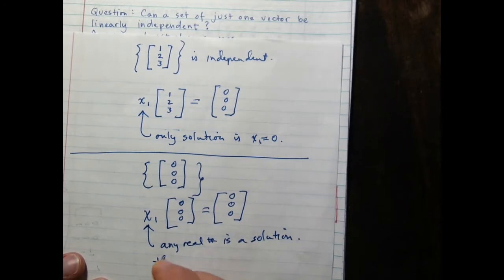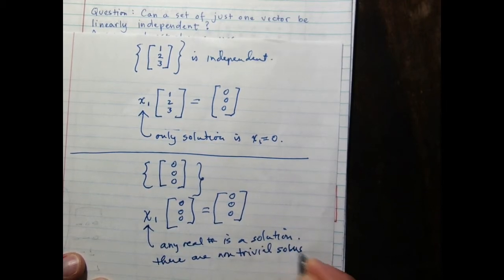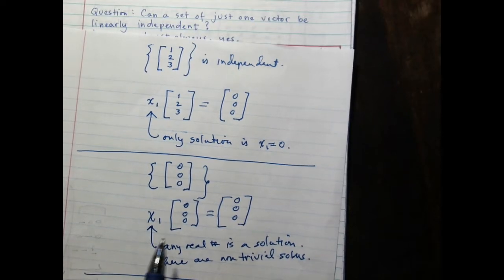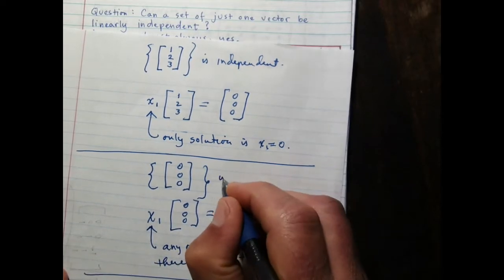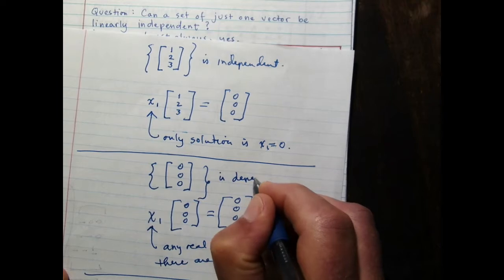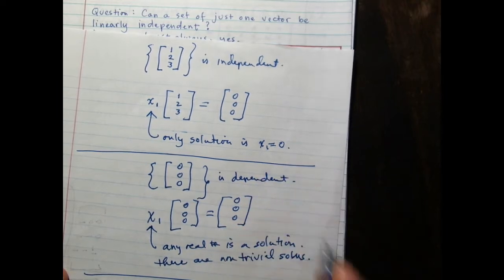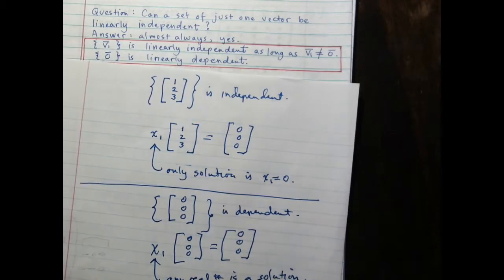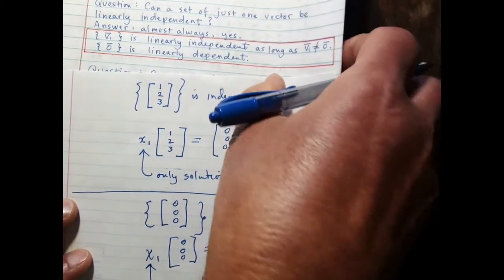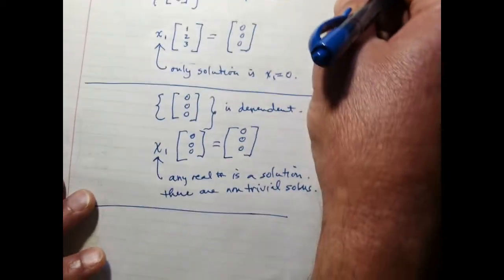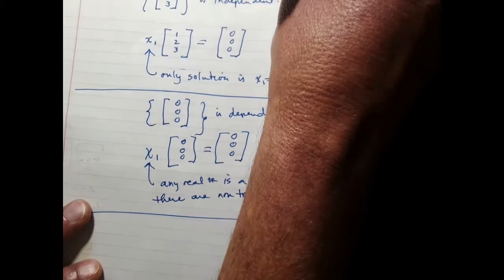So there are non-trivial solutions. Since there are non-trivial solutions, we say that the set of the zero vector all by itself is dependent. Okay, so that's our one vector situation. So it's really easy to tell whether one vector is linearly independent or not.